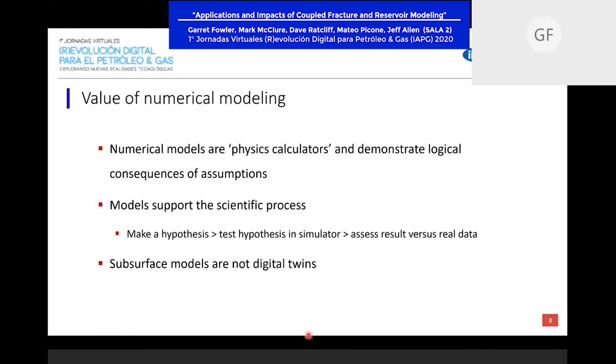And there, I believe we can create digital twins, exact replicas in a digital environment of offshore structures or pipeline networks. But that level of fidelity doesn't exist in the subsurface.